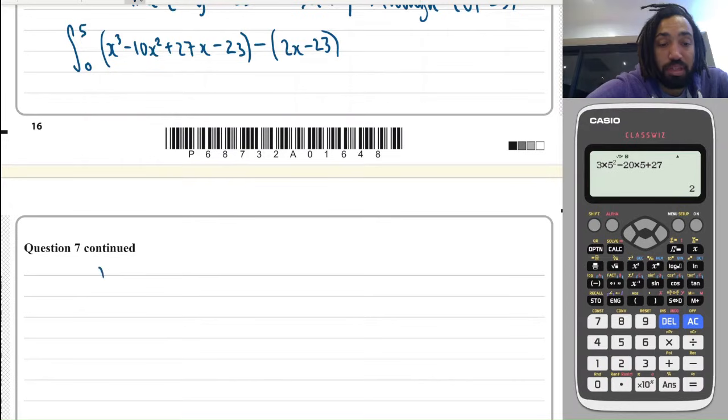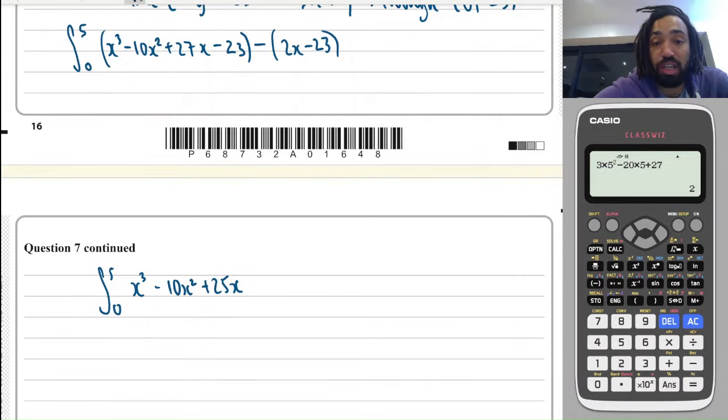So that's the same as integrating between 5 and 0 x cubed minus 10x squared plus 25x, and then those minus 23s will cancel, and dx. Whoops, got told off for not writing dx.